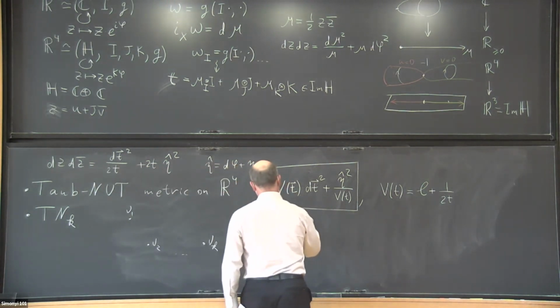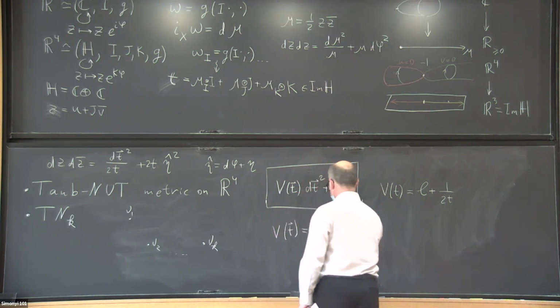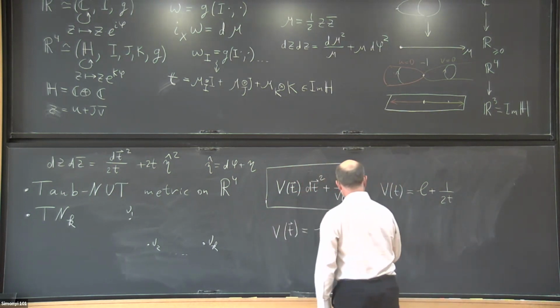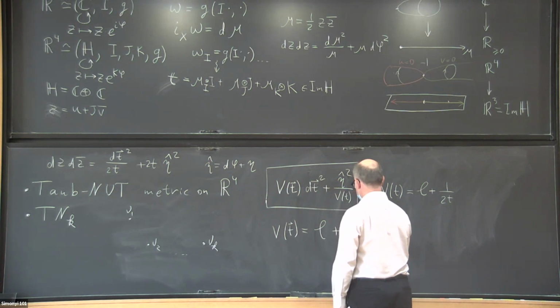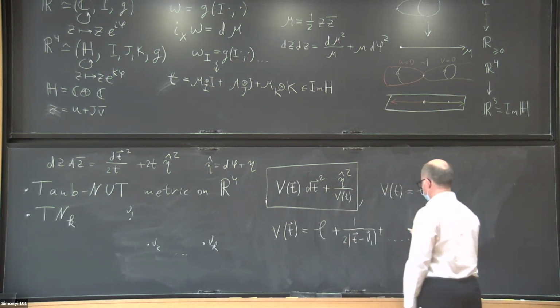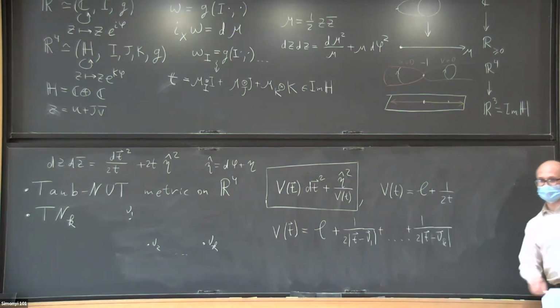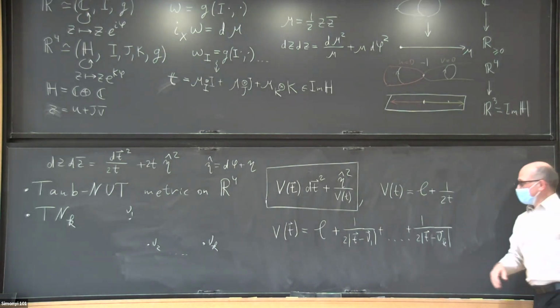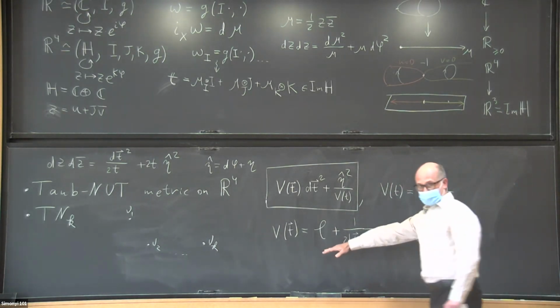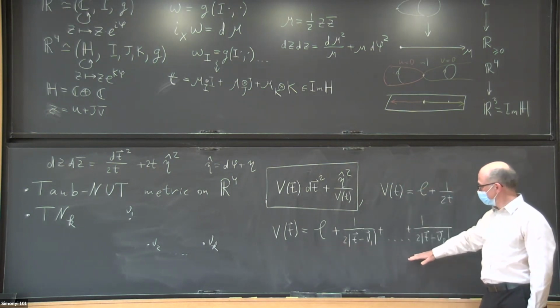And you write your V to be a constant, plus 1 over 2 times the distance from t to U1, and so on. So Gibbons and Hawking concluded that this is again a hyperkähler metric.